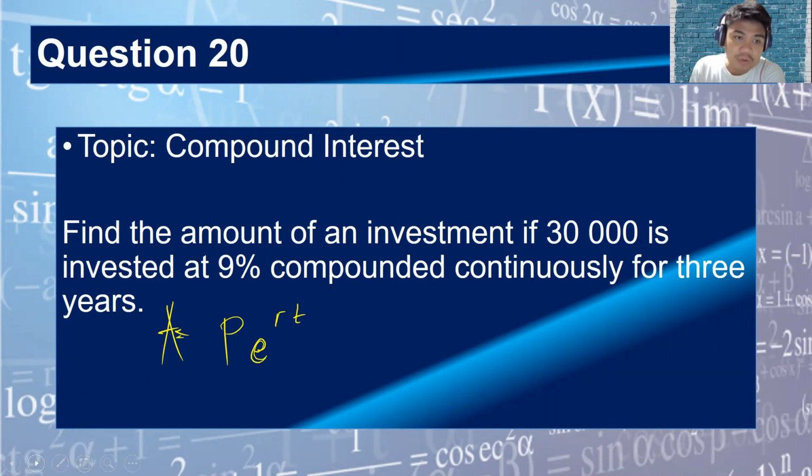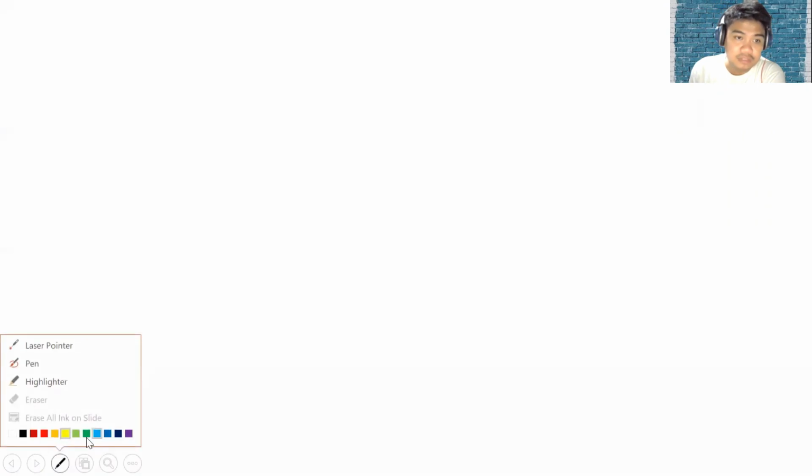So let us solve this problem and let us look at which has the bigger return: the investment of 30,000 pesos at 9% compounded quarterly, or this 9% compounded continuously. So let us have this. Wait, let me change the pen.